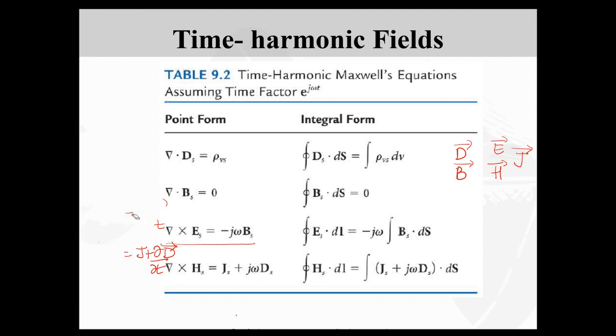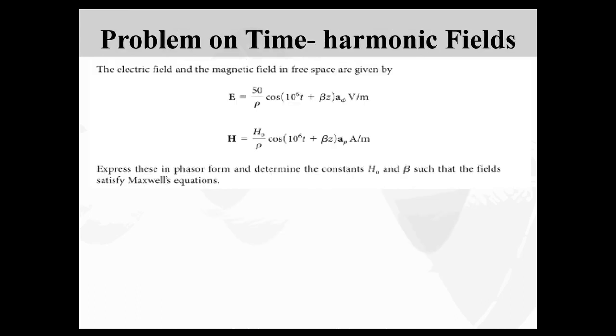Let us look at one of the examples, how to find the phasors of a given field and also how to solve a problem. Here is a case where the electric field and magnetic field expressions are given, which are moving in free space. E is given with its magnitude and its variation with respect to time, and its direction is along the a phi direction.